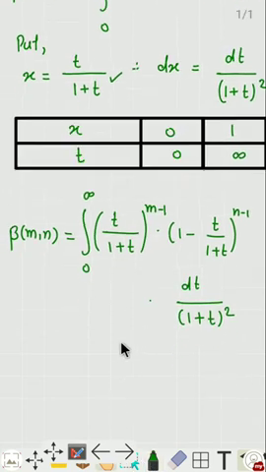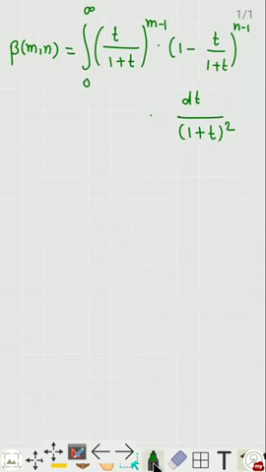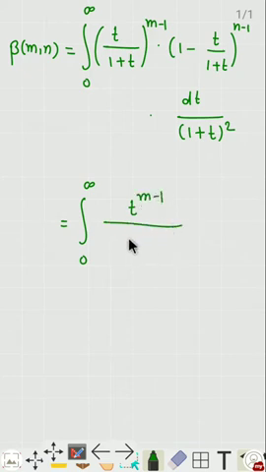Try to simplify this integrand, and finally we get the integration from 0 to infinity of t raised to the power m minus 1 divided by (1 plus t) raised to the power m plus n dt.